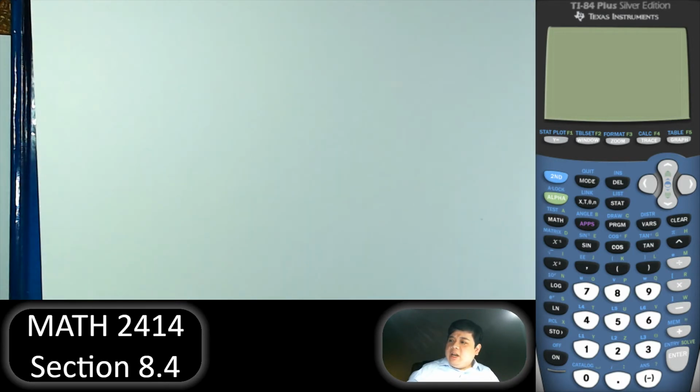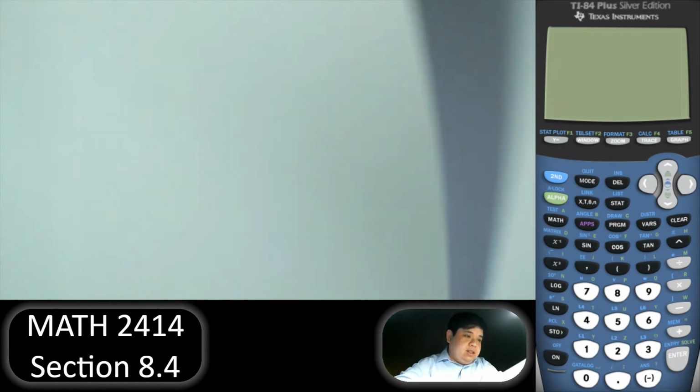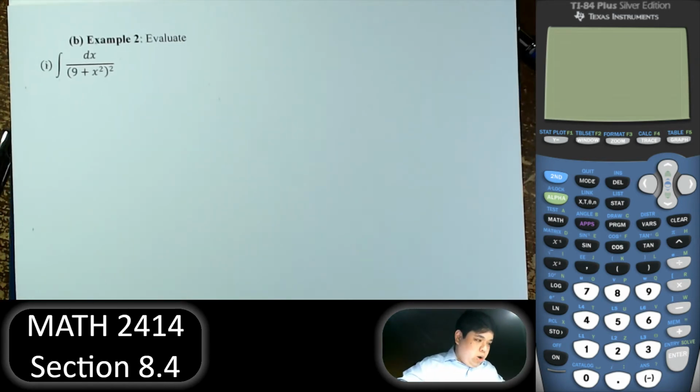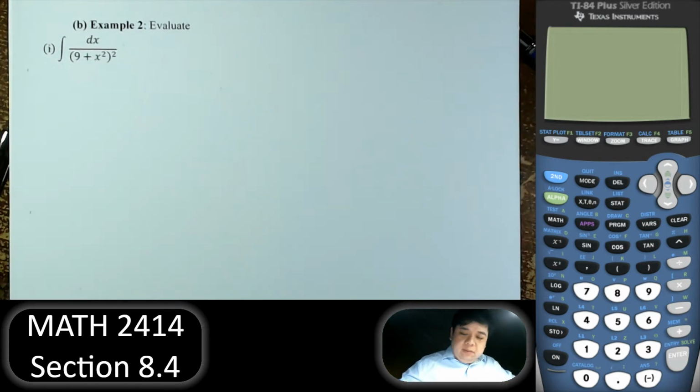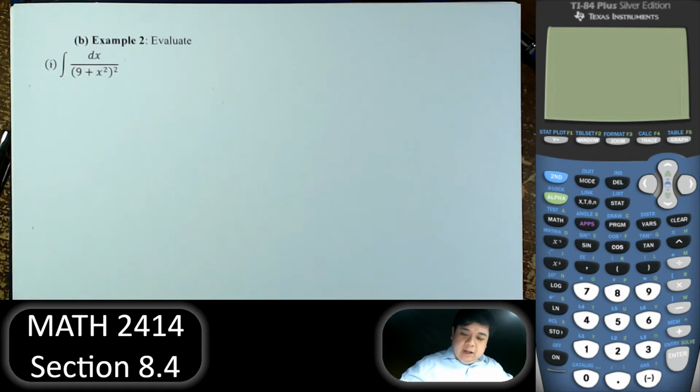Now we go to the second type of problem, where we have a constant squared plus x squared, or x squared plus a constant squared, either way. Right. Now, first I put the dx on the back.